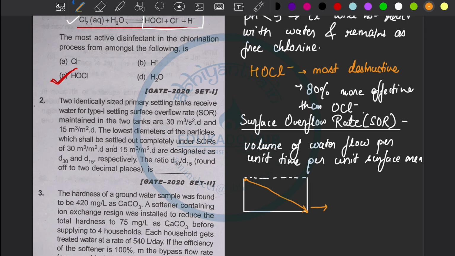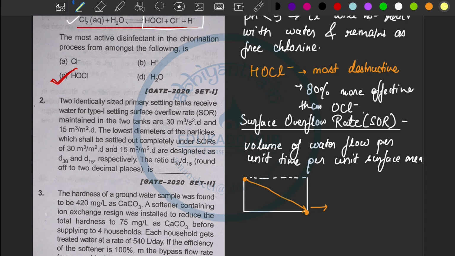So it should be settled before going out of the tank. It can also be thought of as the settling velocity of that particle, which if introduced at the topmost point of the inlet will reach the bottommost point of the outlet of the tank. So it is also defined as that velocity.